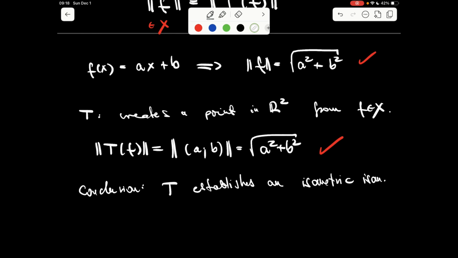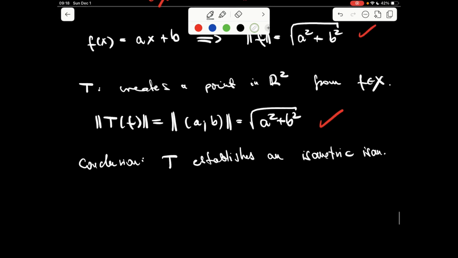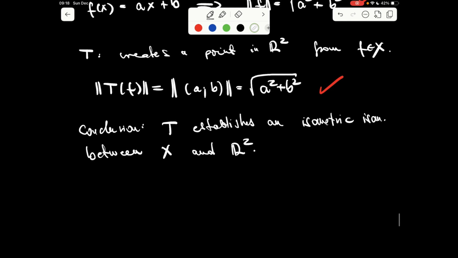Before turning to the next problem, let's finish this conclusion, between X and R squared. And finally, let's turn to the functional in problem D.